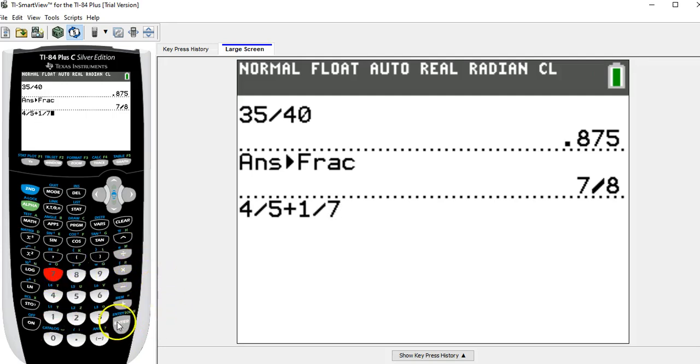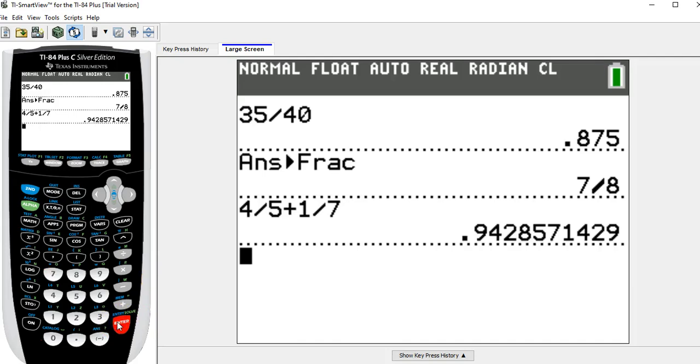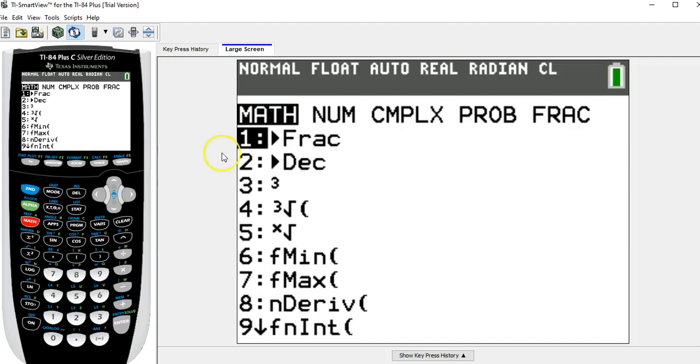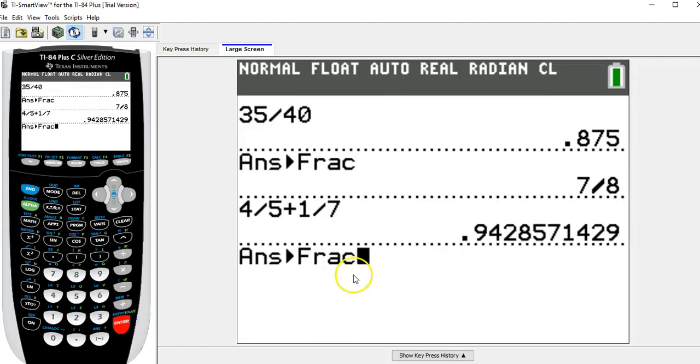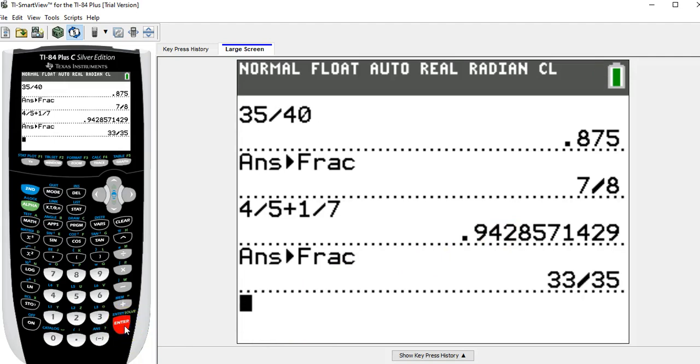If I hit enter, I'm going to get a decimal for this. But then, if I go back to math, to ▶Frac, and hit enter again, it'll turn this decimal into the fractional form in lowest terms. So 4/5 plus 1/7 is equal to 33/35 in lowest terms.